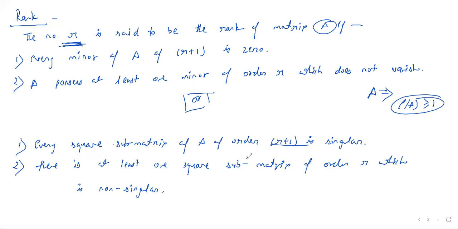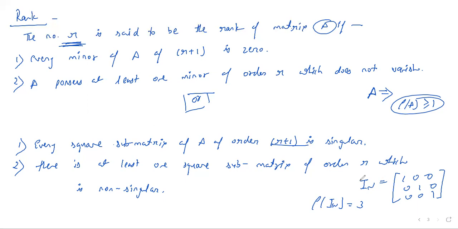Now if we look at the identity matrix, which is 1 0 0, 0 1 0, 0 0 1, you can clearly see by the definition that the rank of this identity matrix of 3 cross 3 is 3. If you look at the definition of minor, that every minor of A of order r plus 1 is 0, and the determinant of this identity matrix is actually 1.